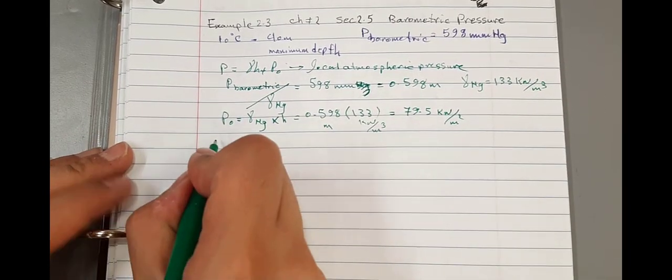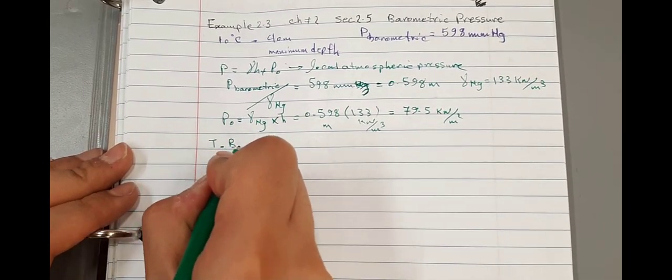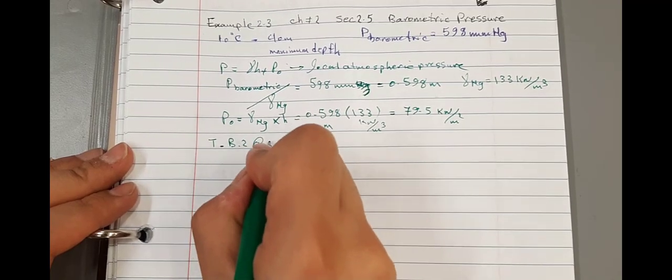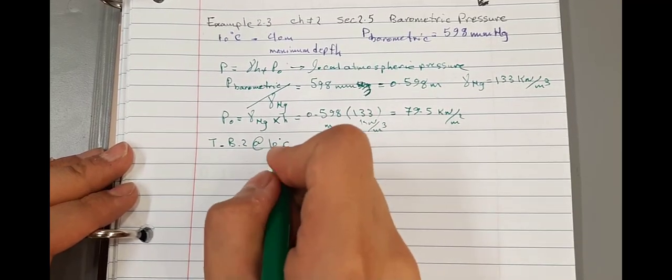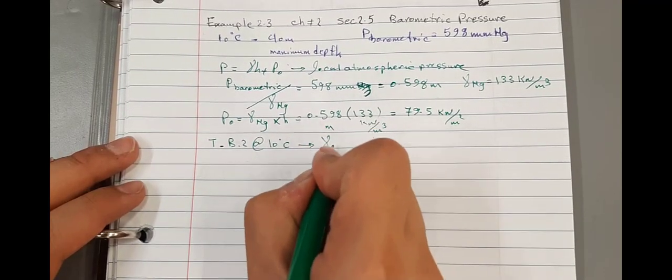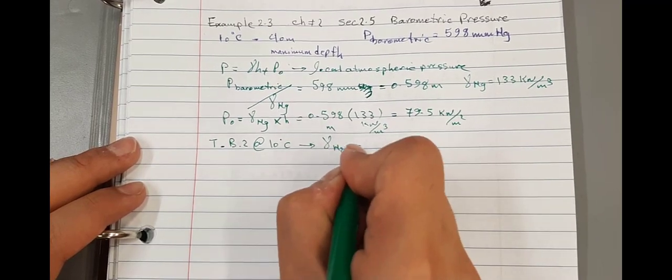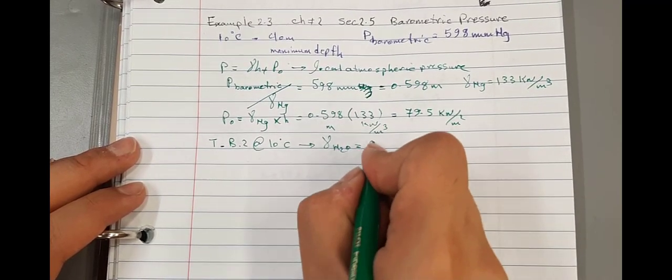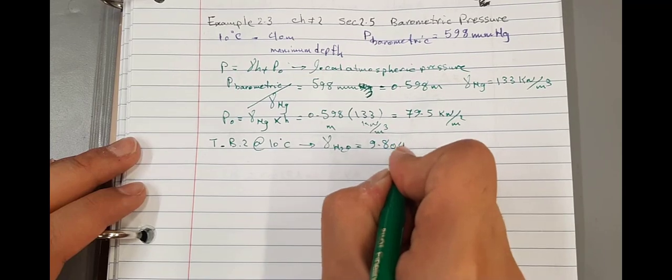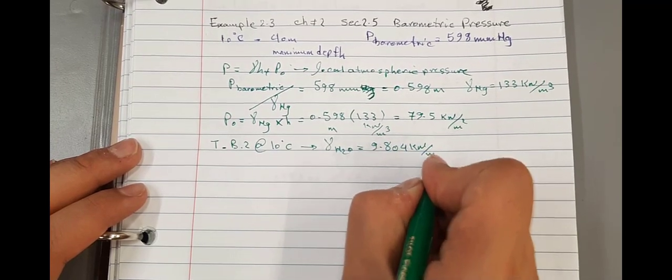From table B.2 at 10 degrees centigrade, we have gamma H2O as 9.804 kilonewton per cubic meter.